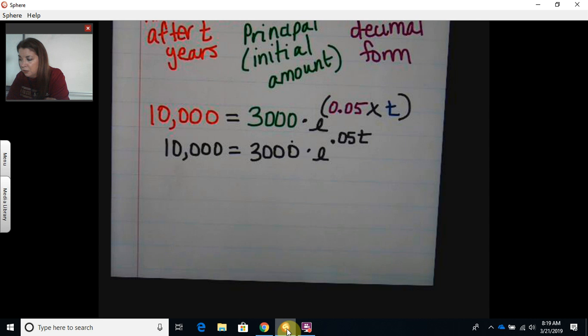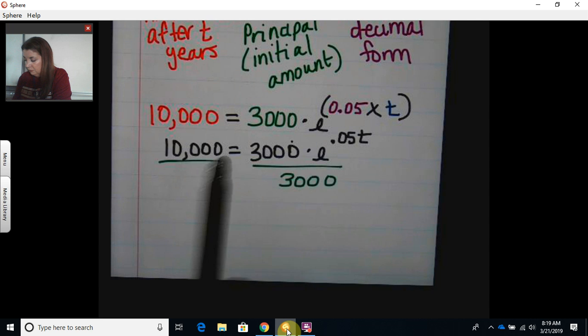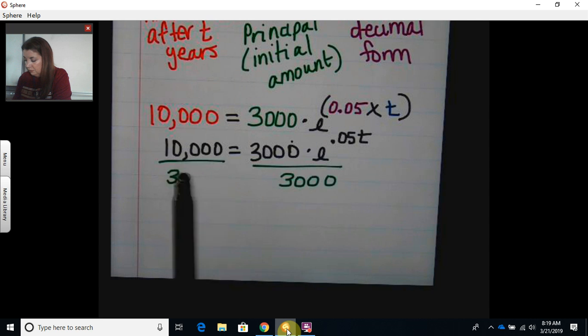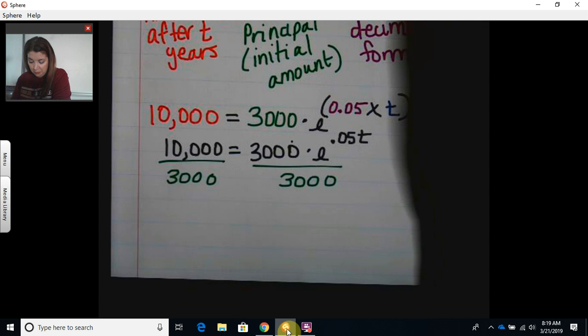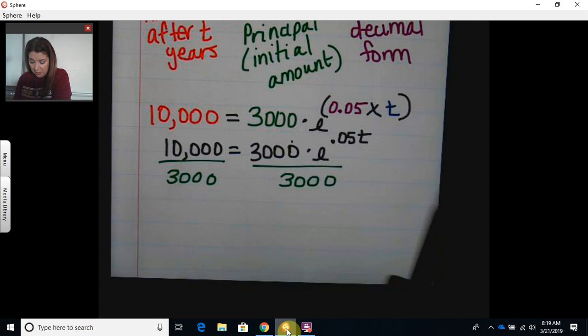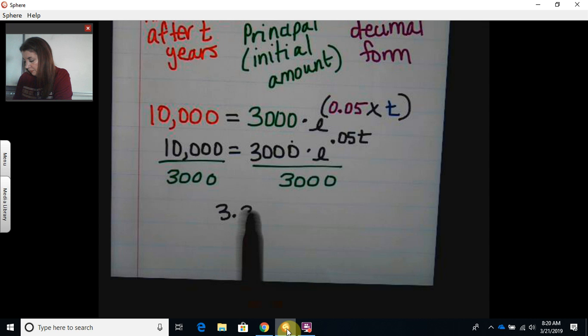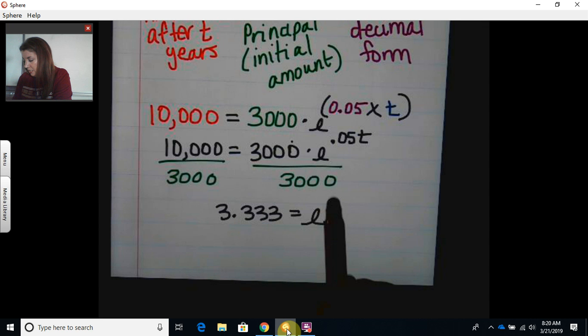What would we do? Divide by 3,000. So 10,000 divided by 3,000 is approximately 3.333 equals E raised to the 0.05t.